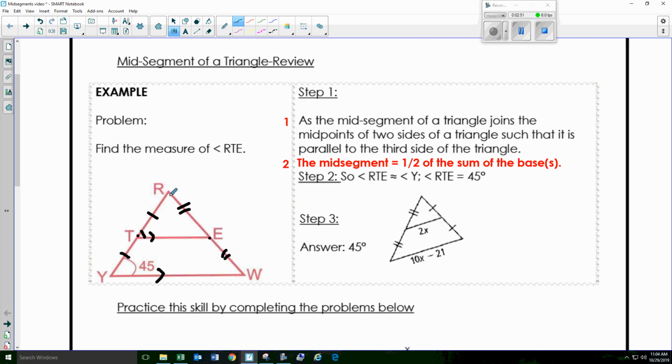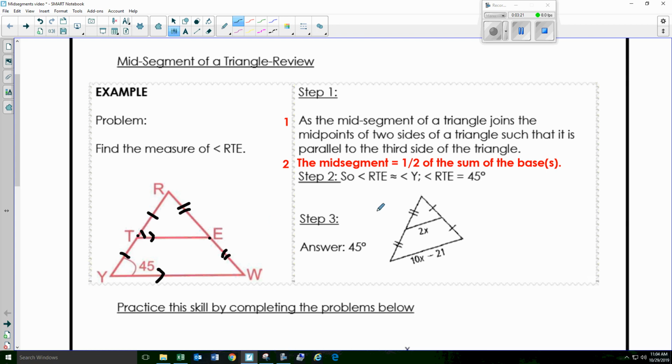Then if you're trying to prove similarity, this would be the reflexive property, angle R equaling angle R. Remember, most of the time in the reflexive property, we talk about two segments sharing the same side, but it can also be overlapping triangles where the angle is being used in two triangles. So angle R could be used in the small one and the big one. So angle R equaling angle R would be the reflexive property also, if you're talking about a proof, just so you know that.